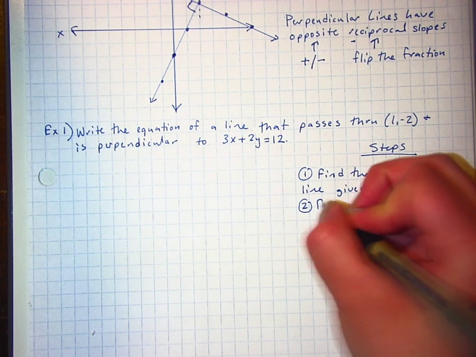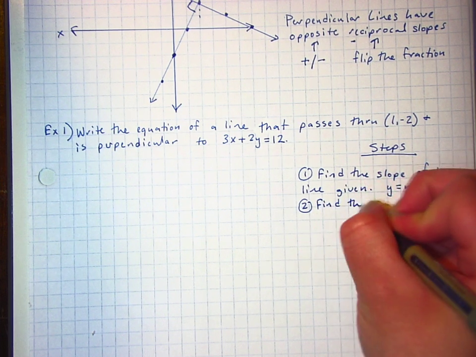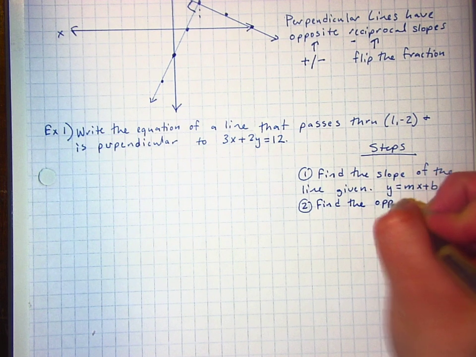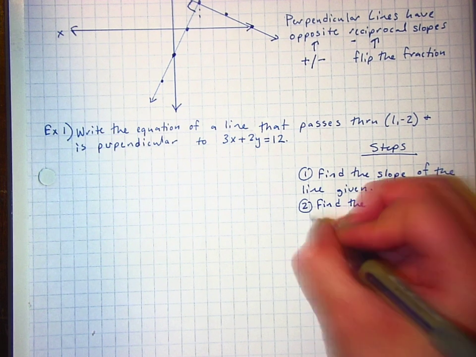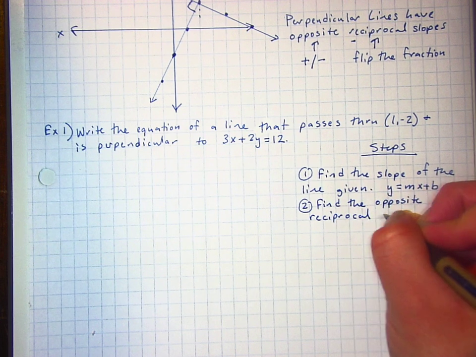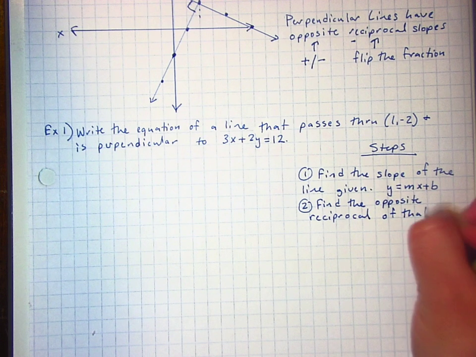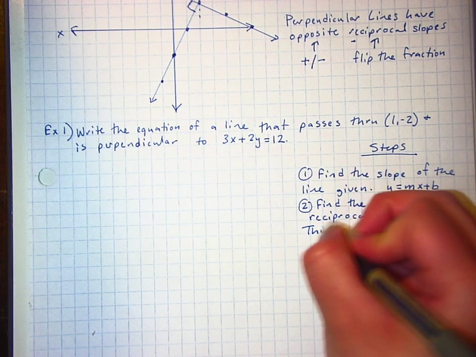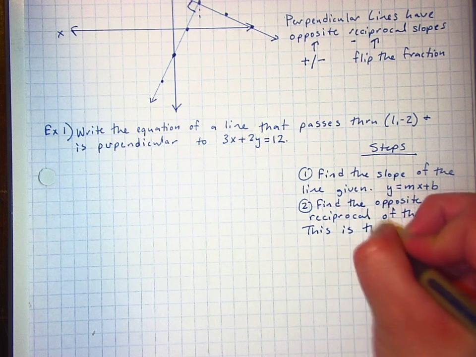Okay, next step is to find the opposite reciprocal of that slope. This is the new slope.